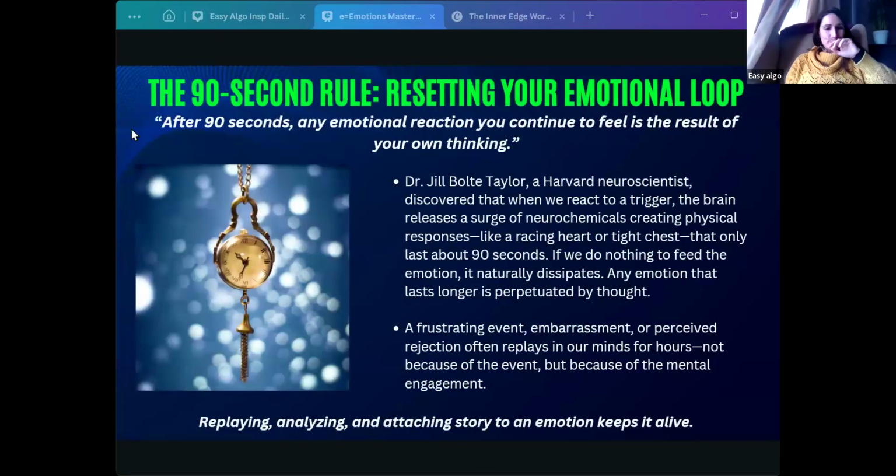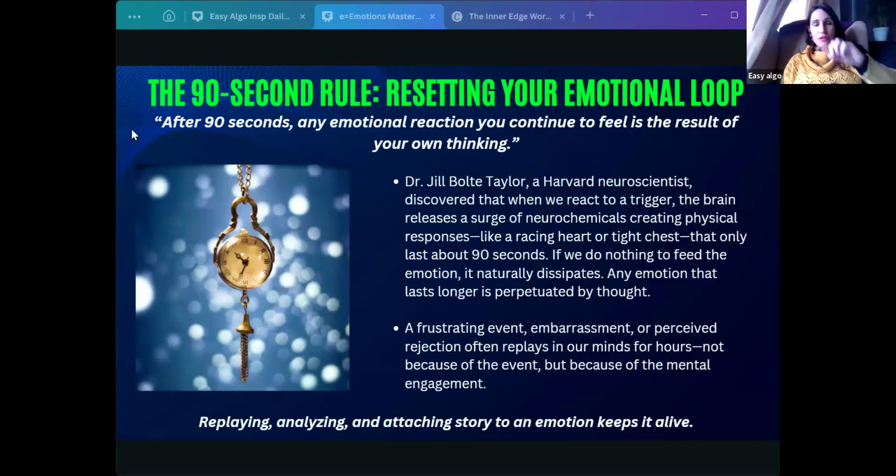Okay, so with that in mind, EQ, right? Understanding what an emotion is, this was revolutionary for me. I'm obsessed with neuroscience, and when I came across the work of Jill Taylor, she's a neuroscientist, phenomenal research into emotional regulation.